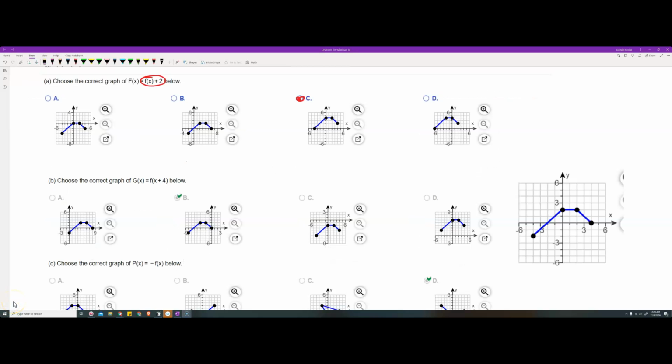All right, our next choice will be to take our graph and move it 4 places to the left. So this is 4 left. So each one of these dots is going to move 4 places to our left.